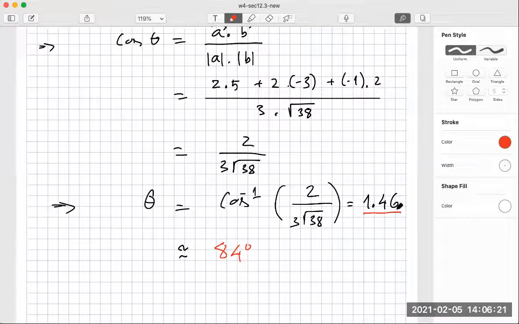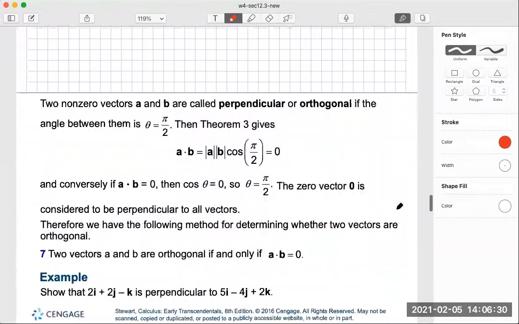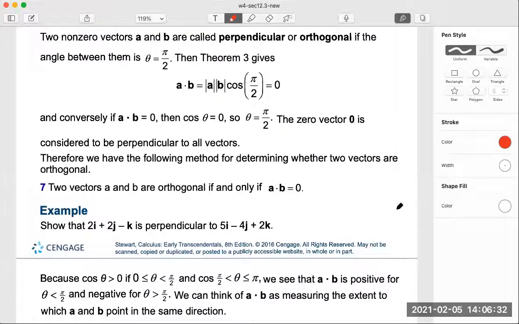So now we can move on to a new thing. There is a special case when it is perpendicular, then the angle between vector A and vector B will be pi over 2, right?